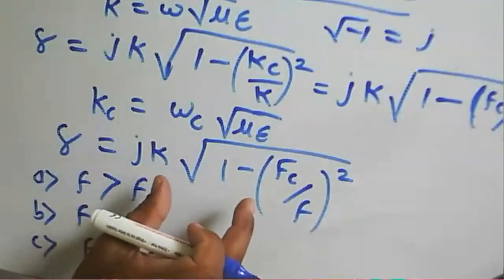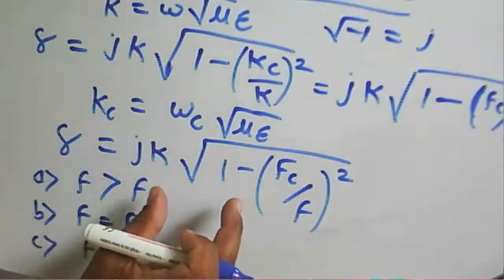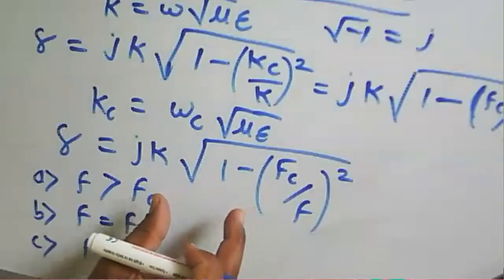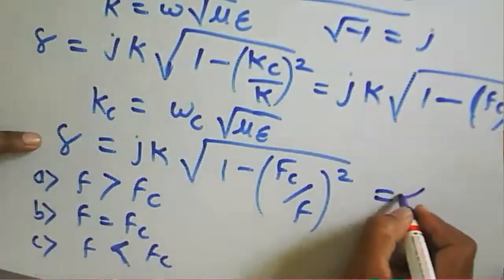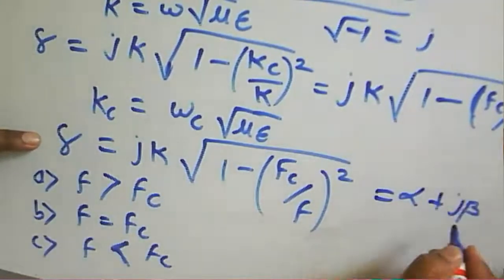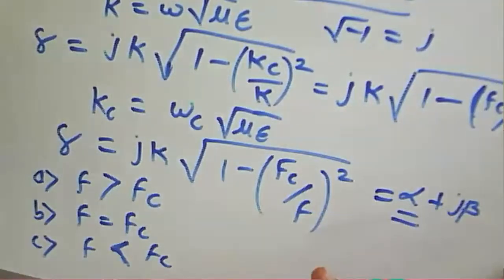In that case, gamma has, instead of alpha plus j beta, only the alpha term, which is the attenuation component. So when the signal frequency is less than the cutoff frequency, the wave is attenuated in a rectangular waveguide.